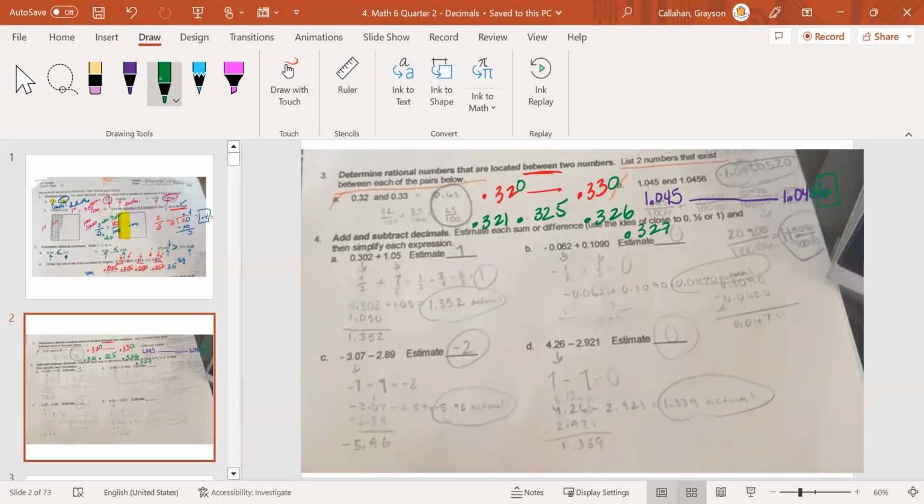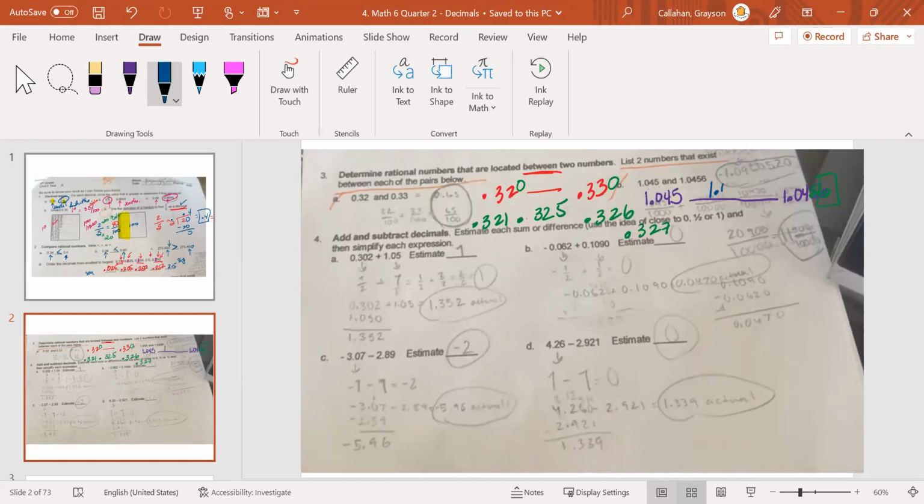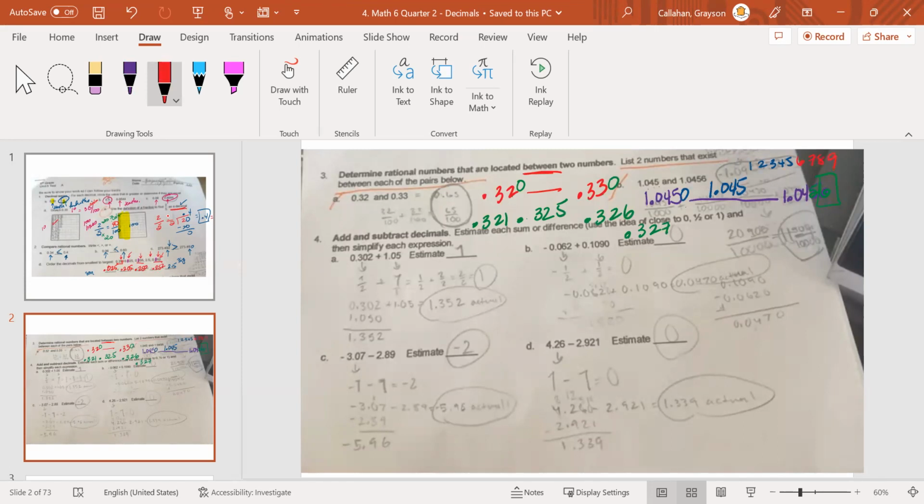So if you had to pick a number between them, you could do 1.045. This is a 0, right? In the thousands place, or 10,000s place, this is a 6. So you could do 1.0451, 2, 3, 4, 5, 6, 7, 8, 9. Any of these numbers here will be between those two.